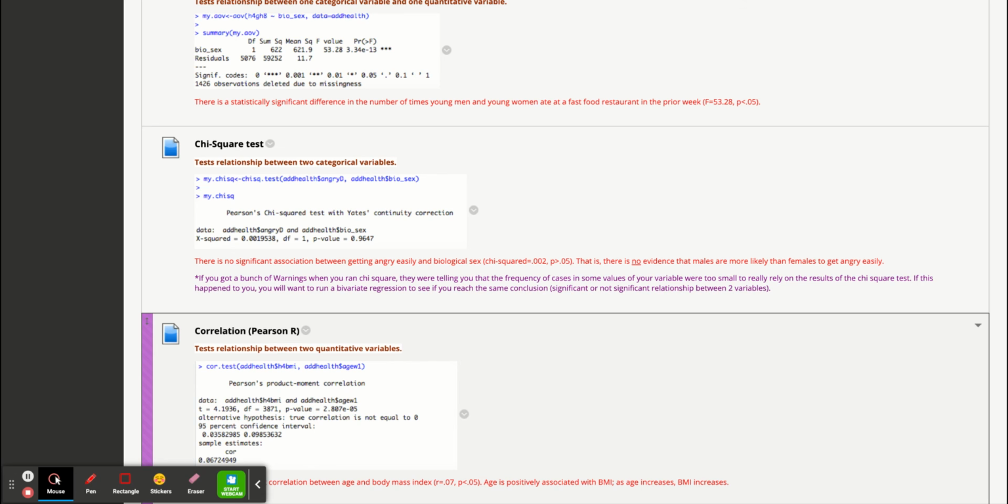When you have a p-value of less than 0.05, right, that is, if you multiply by 100, 5%, it means that you would be wrong less than 5% of the time if you reject the null hypothesis. And that means you're approximately 95% confident, at least 95% confident, that you have evidence to support your research hypothesis.